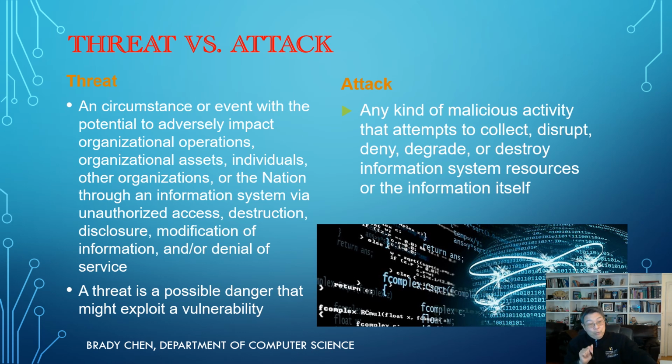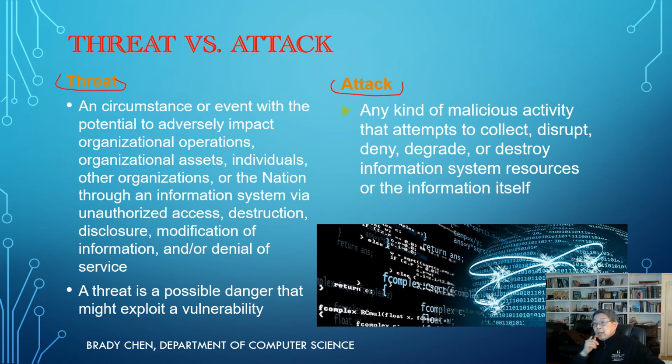Now, in the literature of this X.800, the two terms, one is the threat, and the other one is attack, are commonly used. Now, what is a threat? What is attack? And what's the difference between threat and attack?